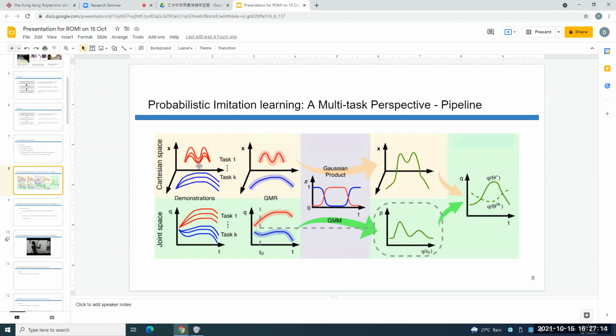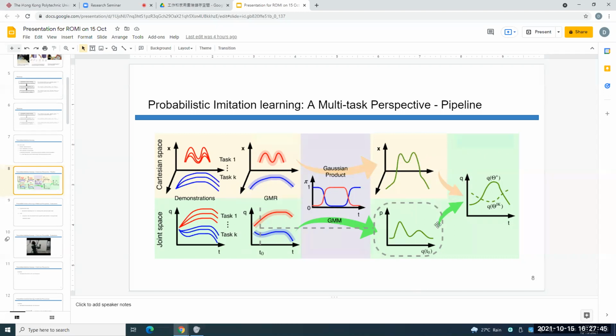So we consider blending them together with some activation functions given here. This is given manually, but of course there is literature dedicated to learning task priorities. But anyway, here it is given. And then by blending these trajectories together, you see we have a more complex Cartesian trajectory. So this is for the Cartesian part.